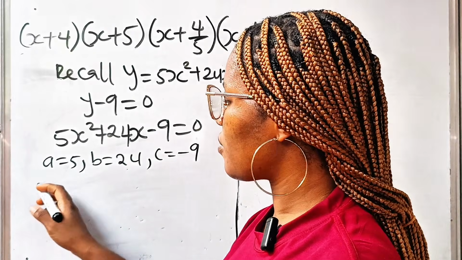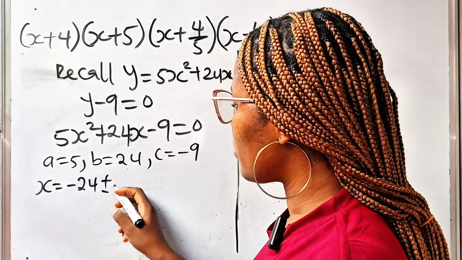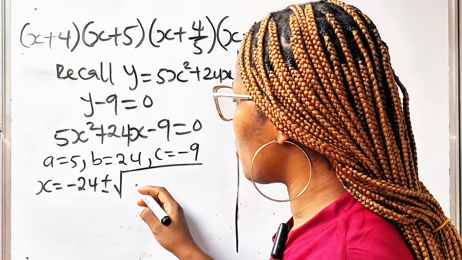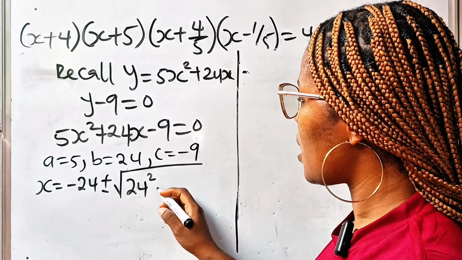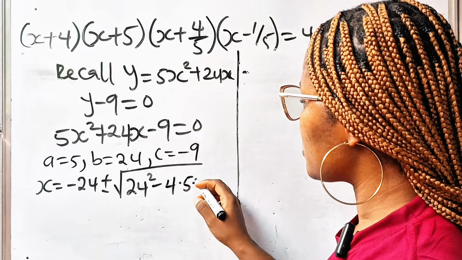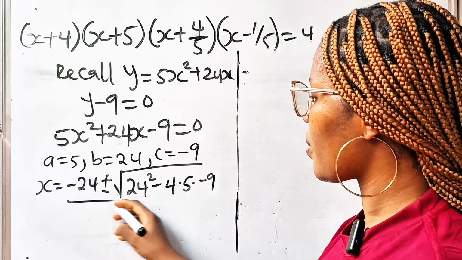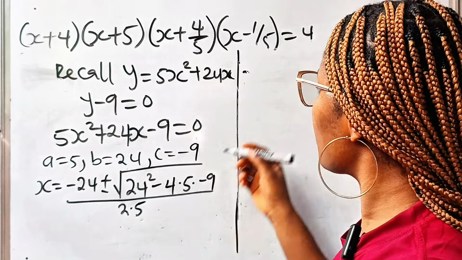So we're going to have x is equal to minus 24 plus or minus the square root of 24 squared minus 4ac, that is minus this and minus 9, right? Divided by 2a, that is 2 multiplied by 5.